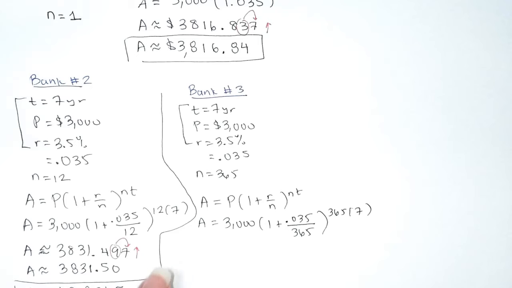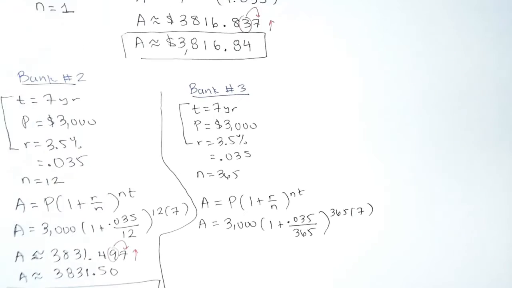If dividing 0.035 by 12 gave us too many decimals, dividing by 365 will also give too many decimals.